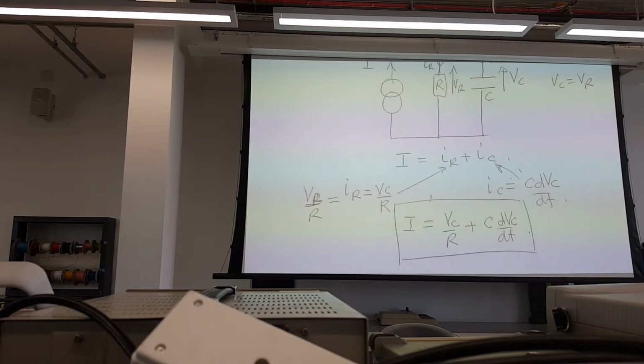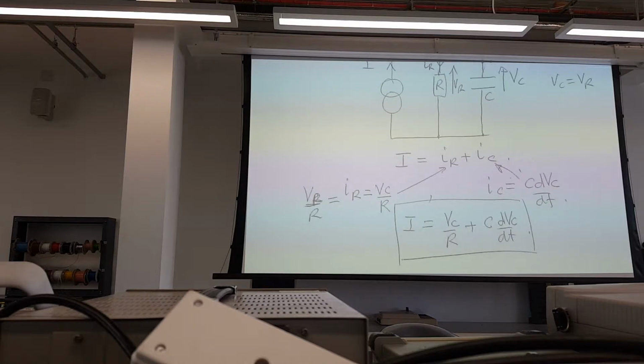Now you know why we have to use Laplace transforms. If you want to solve first, second, third, any order differential equation, you've got to use Laplace transforms. Don't use integration and do things like that, you just make a headache for yourself. If you use Laplace transforms, it becomes easier.